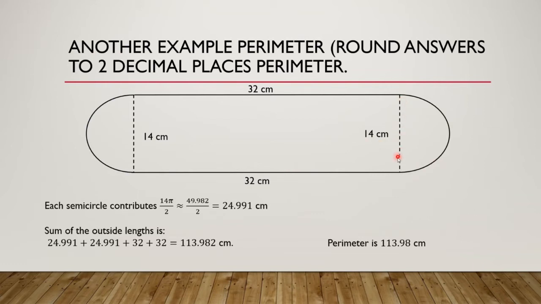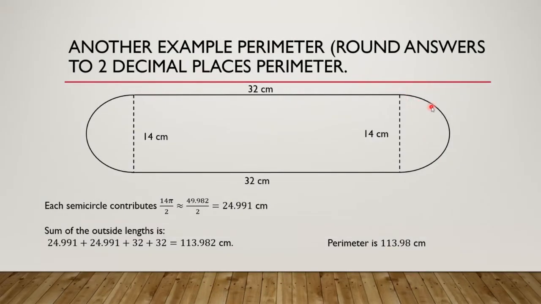So the original circle had a diameter of 14 centimeters. Then the original circle had a circumference of pi times that. But this is a semicircle, so we do pi times 14 centimeters over 2. Now that's for each semicircle. So again, this is for perimeter.